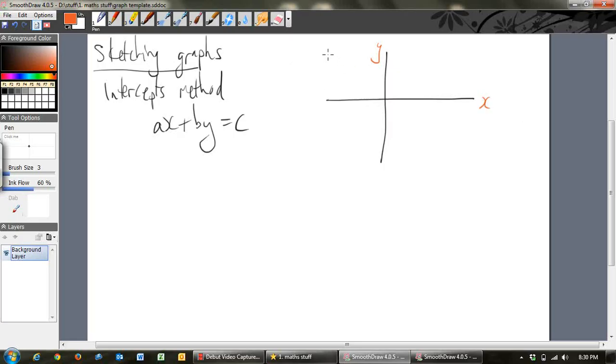If you have some line going like that, then the y-intercept is wherever it crosses the y-axis, where it's intercepting the y line. Similarly, the x-intercept is where it crosses the x-axis, this point here.